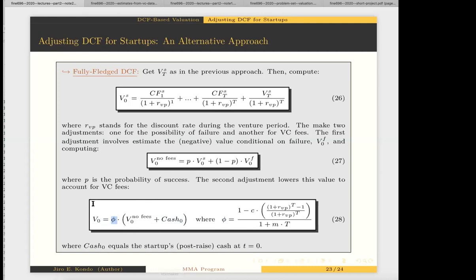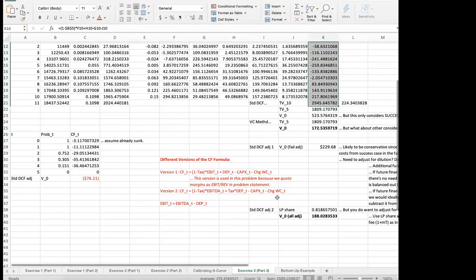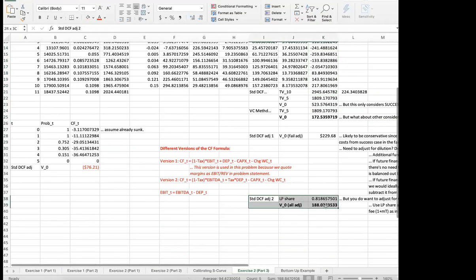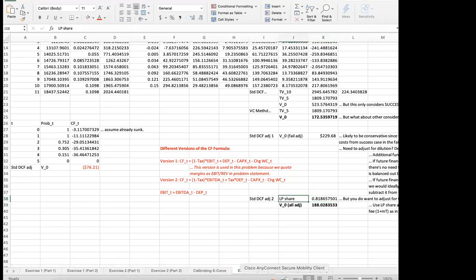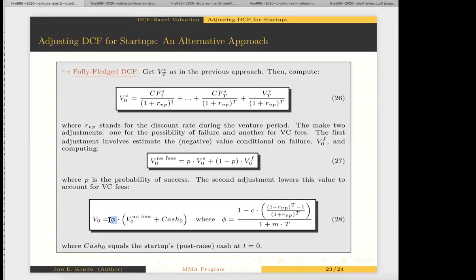And so this last step, given by equation 28, I calculate in my spreadsheet down here. Just in terms of lingo, LP share is my estimate of this parameter, fee. Again, how did I obtain that?